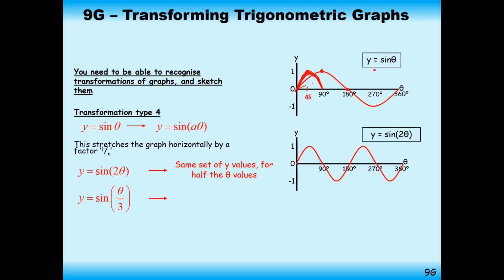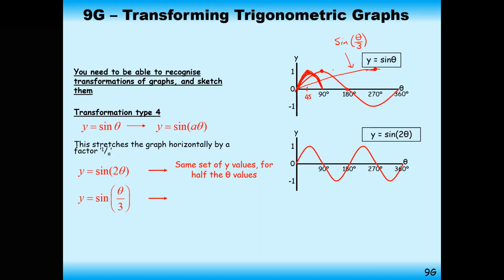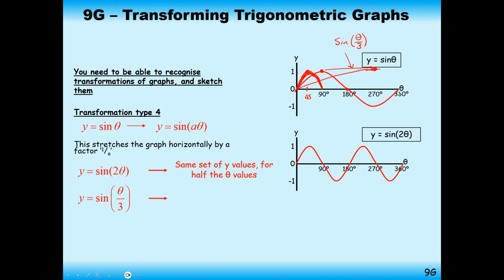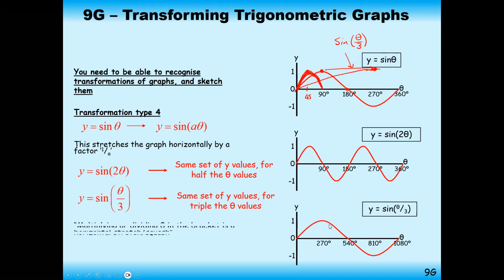So it would actually take 270 for the sine curve to reach its maximum if the angle was divided by 3. I'm sketching sine of theta over 3 on the original graph. This maximum would now move three times further to the right, and the same is true for the negative values as well.